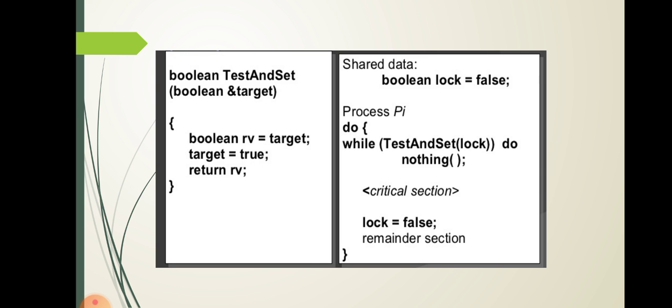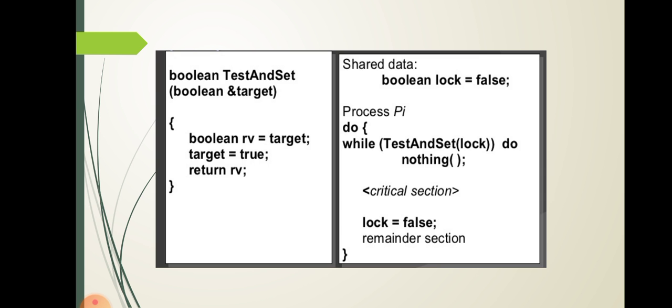If another process Pj arises at the same time, it will execute the test and set instruction again. Since the lock value is now 1, which means the critical section is occupied by some other process, here Pi, it returns the lock value as true to the while loop. Whenever the lock value is 1, it remains in the while loop.